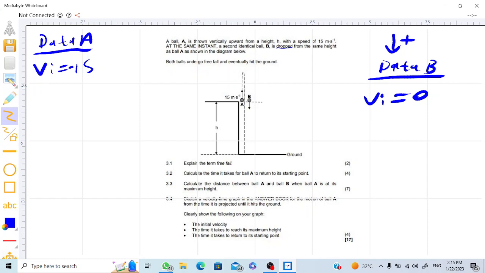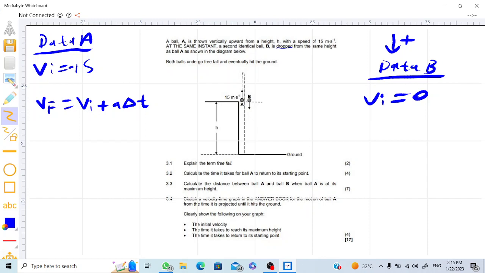So I'm going to use this formula: Vf is equal to Vi plus a delta t. Okay, a mark for that.